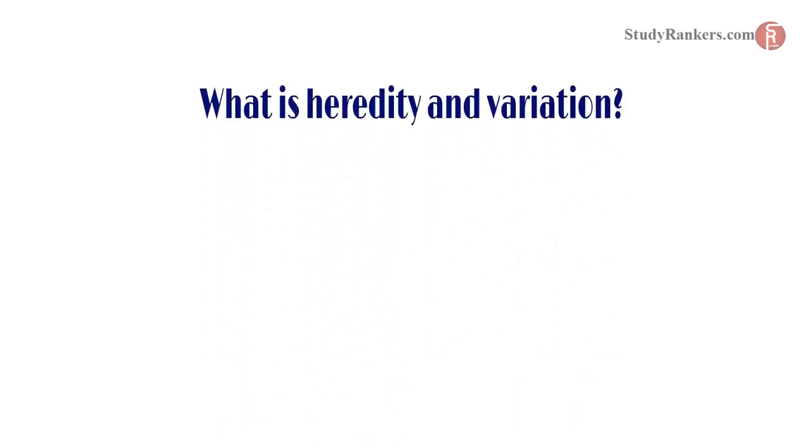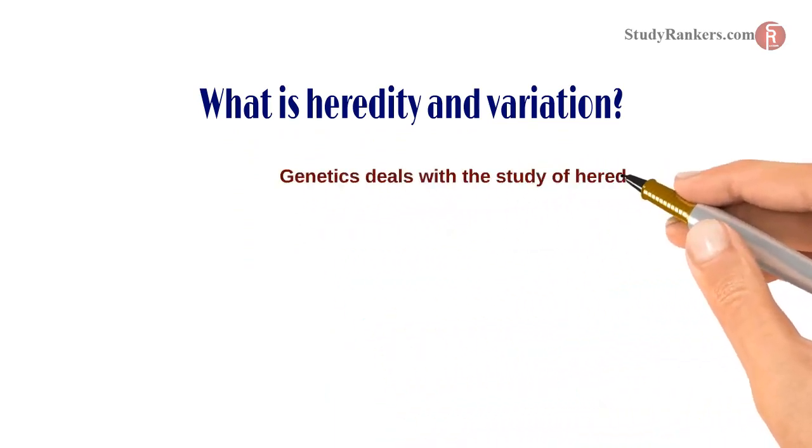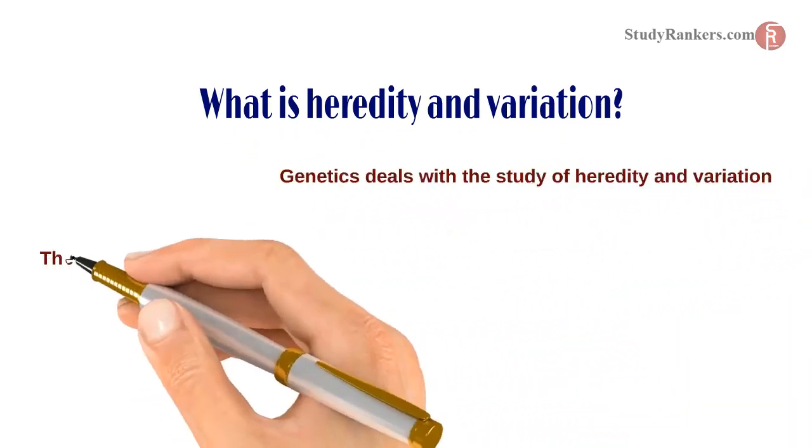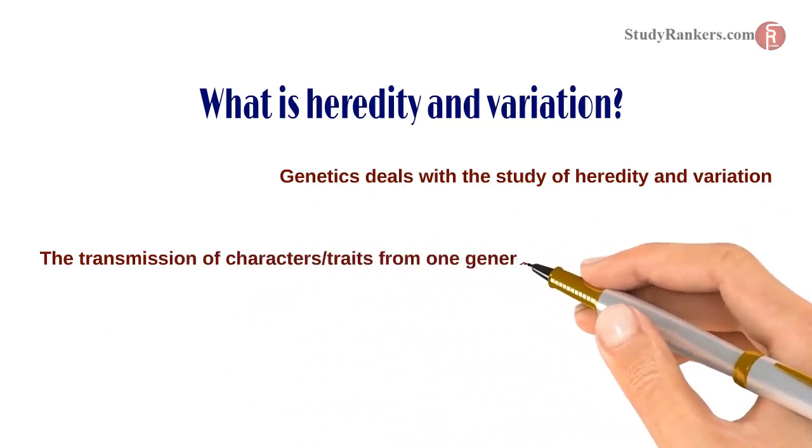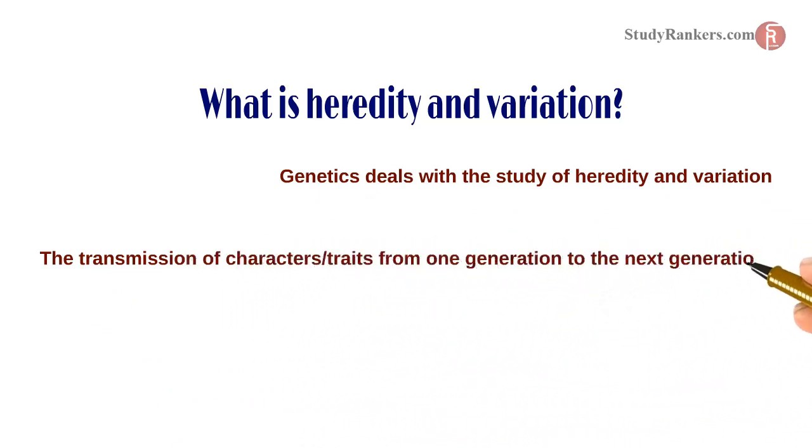The very first thing that comes to our mind before starting the chapter is, what is heredity and variation? As we know that, genetics deals with the study of heredity and variation. The transmission of characters or traits from one generation to the next generation is called heredity.